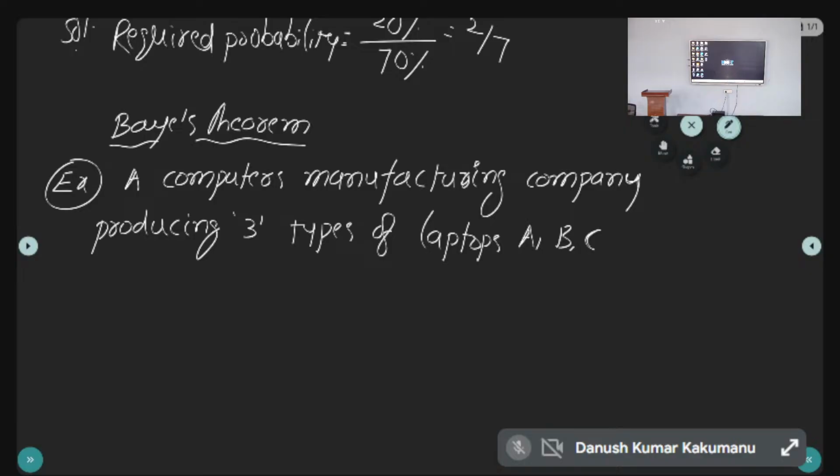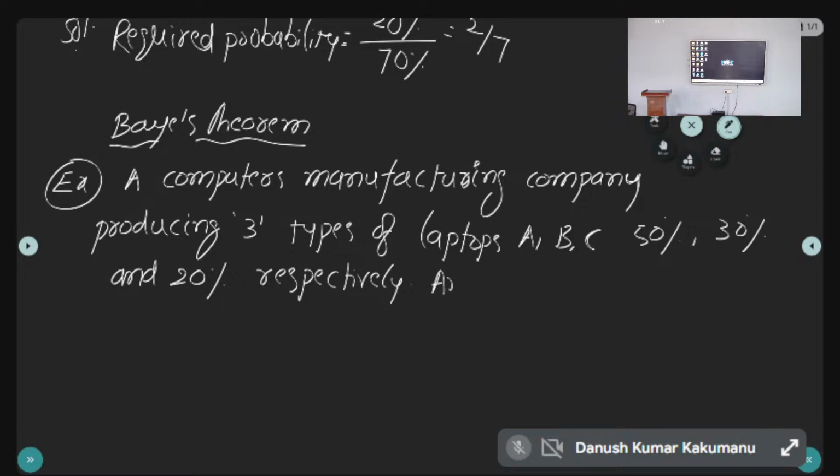A, B, C, 50%, 30%, and 20% respectively. Respectively means same order. Type A model of laptops, 50% it is producing. Type B model of laptops, 30% it is producing. Type C model of laptops, 20% it is producing. Okay, this is the basic data.